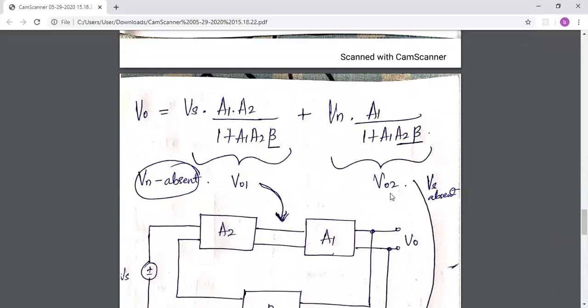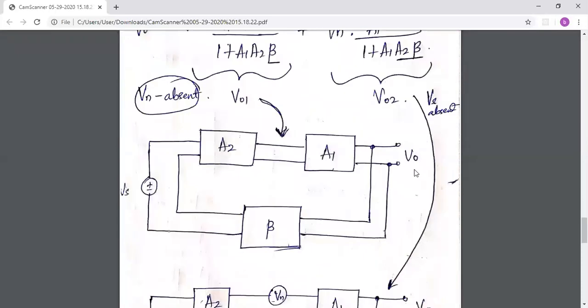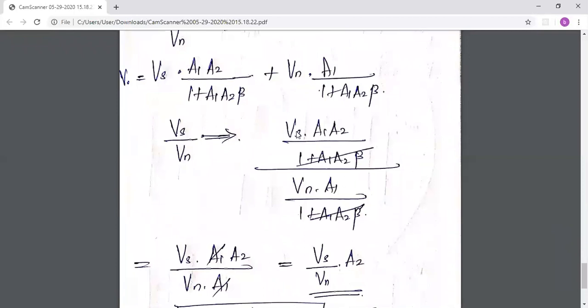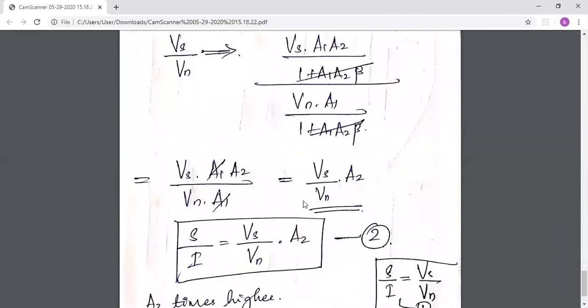Now, what I need from this analysis is the signal to noise ratio, meaning Vs by Vn, isn't it? So now I'll divide V01 by V02. Let's see what we'll get. V01 divided by V02: the denominator will get cancelled, this A1 also will get cancelled, and the remaining is Vs by Vn into A2.